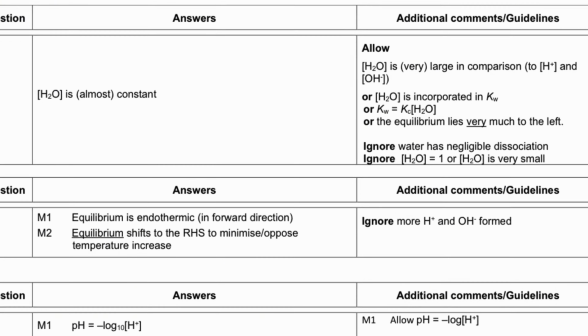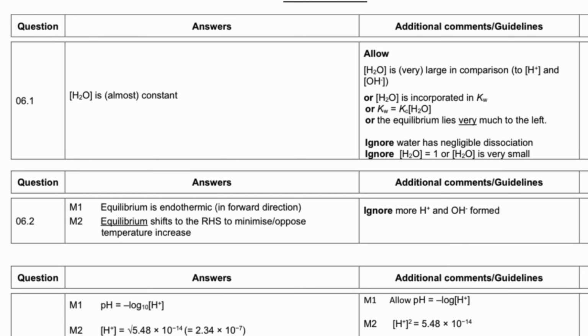Let's have a look at the mark scheme. So 6.1, concentration of water was almost constant, or it's very large, or its equilibrium lies very much to the left, or you could have said the other points as well. Equilibrium is endothermic in the forward direction.